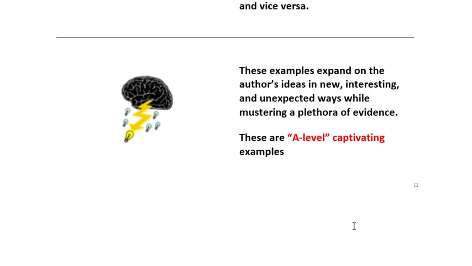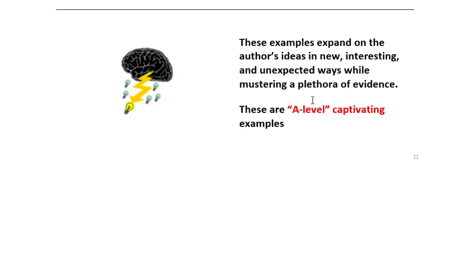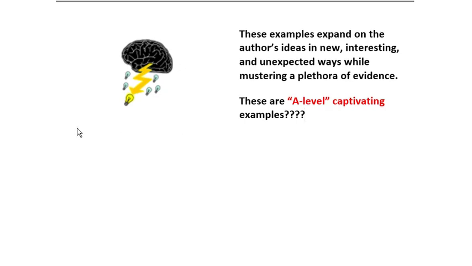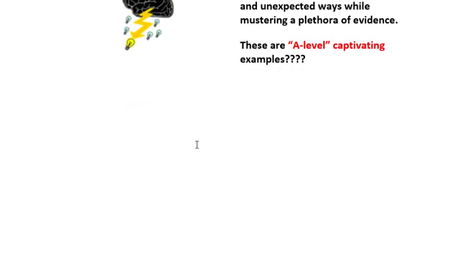The next level here, so I have my brain with a lightning bolt and a light bulb. So these are A-level captivating examples. Okay, so what are those exactly? So I want to provide here an A-level captivating example that is based initially on the eating of the fish eyes.